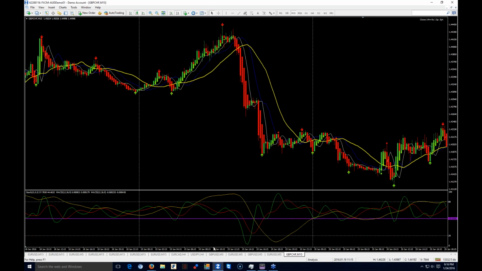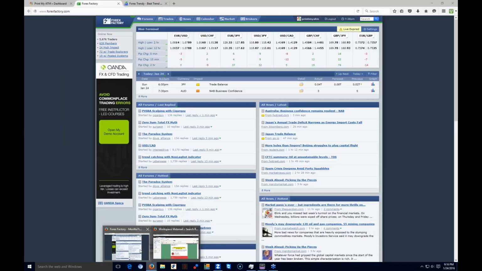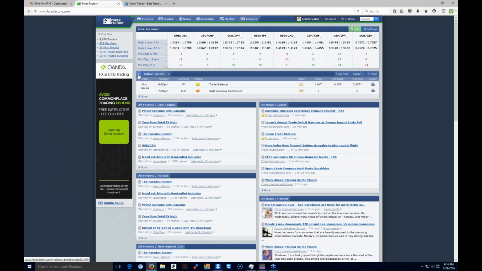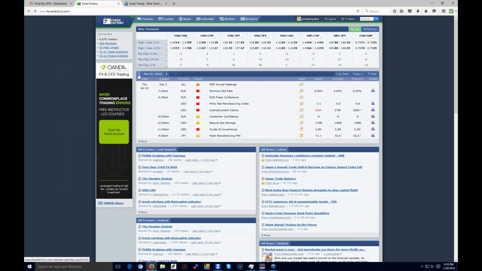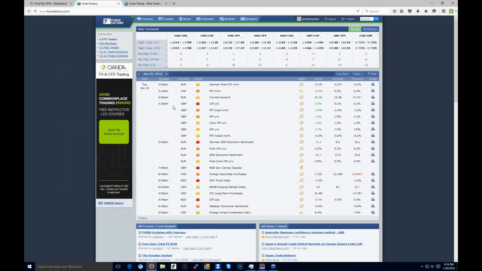This is an announcement that happened January 19th. January 19th, GBP 430. I know because I was keeping an eye on that. GBP 430 pulled out, then Euro once again at 5, and then 7 a.m. for GBP.